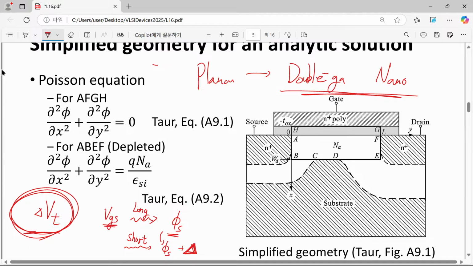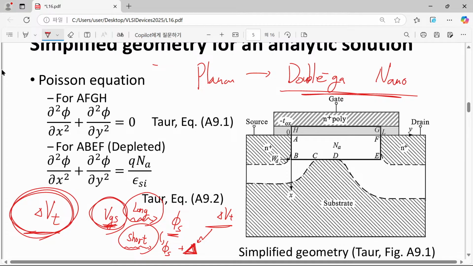So the surface potential is slightly higher by the amount of this capital delta. It means that even though we have the same gate voltage, in this short channel device our electron density is relatively higher than that of a long channel device. So simply speaking, this delta corresponds to the change of our threshold voltage.